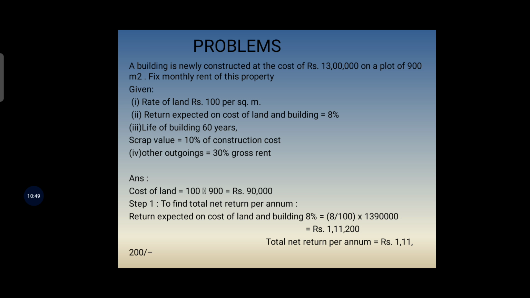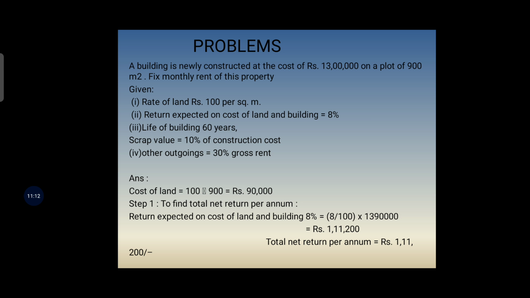The given data are: rate of land is ₹100 per square meter, the return expected on the cost of land and building is 8%, the life of the building is 60 years, the scrap value is equal to 10% of the construction cost, and other outgoings are 30% of the gross rent.